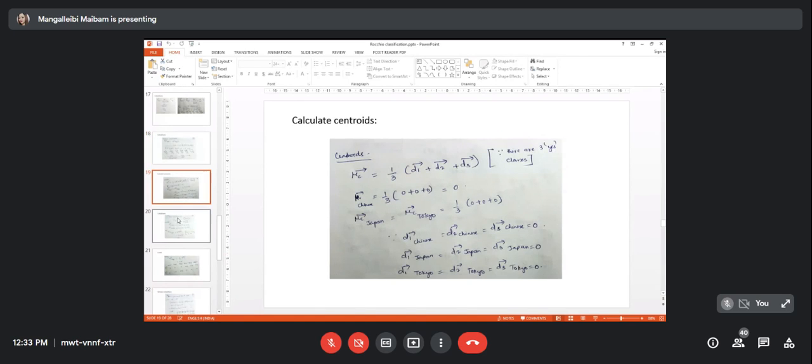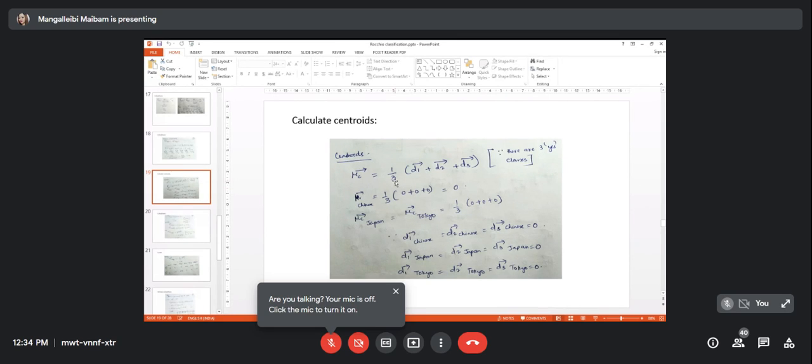So before the final table, we need to find out the centroids for the two classes. One is for the China class, that is represented by yes class, and one for the no class. So we find the centroid. Centroid is determined using this formula: 1 divided by 3, d1 vector plus d2 vector plus d3 vector.